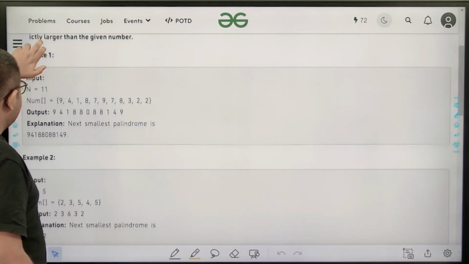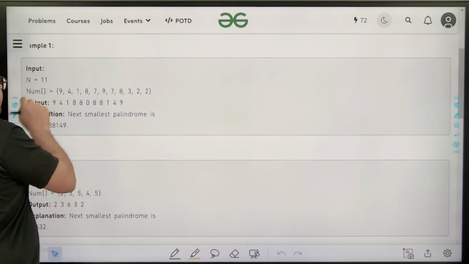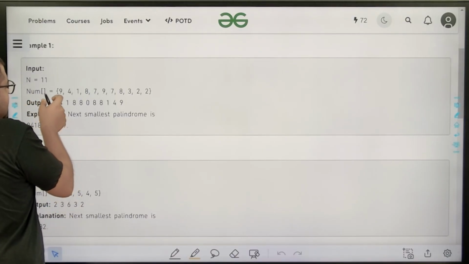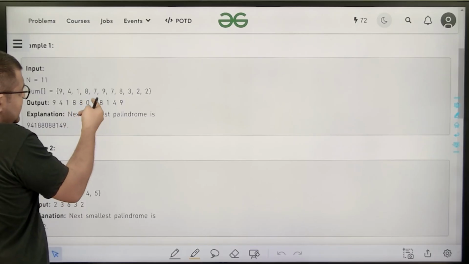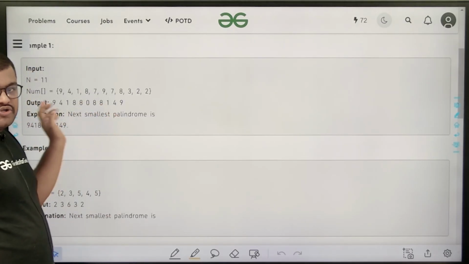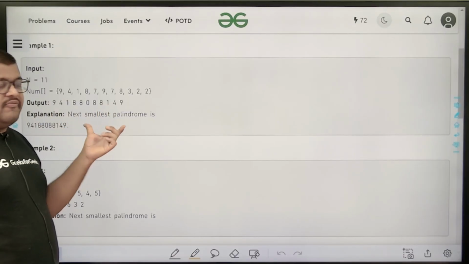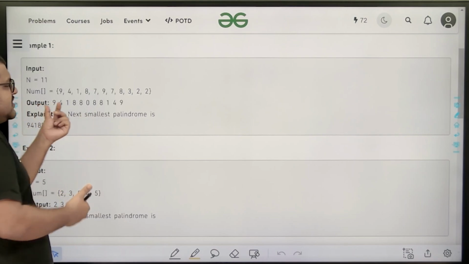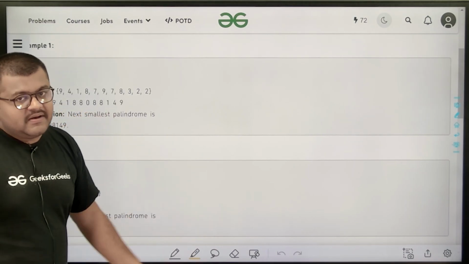Okay, now let's read further. If we look at the example, our first input is an array of size 11, and the numbers are 9, 4, 1, 8, 7, 9, 7, 8, 3, 2, 2. The output for this is this. So we need to basically return an array or a vector which represents the digits of the next smallest palindrome number.